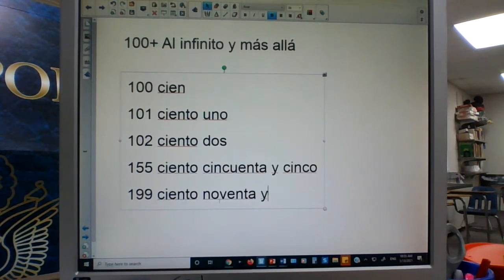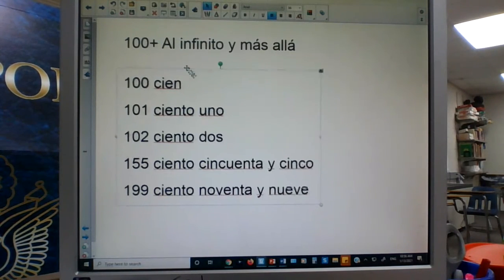Noventa y, and then you say 9, okay? Ciento noventa y nueve, whereas in English we say one hundred ninety-nine. Alright, so now, let's look for patterns, okay? So I'm showing you patterns. That's why I'm not counting from 100 to 199, because I'm just showing you the patterns, okay?